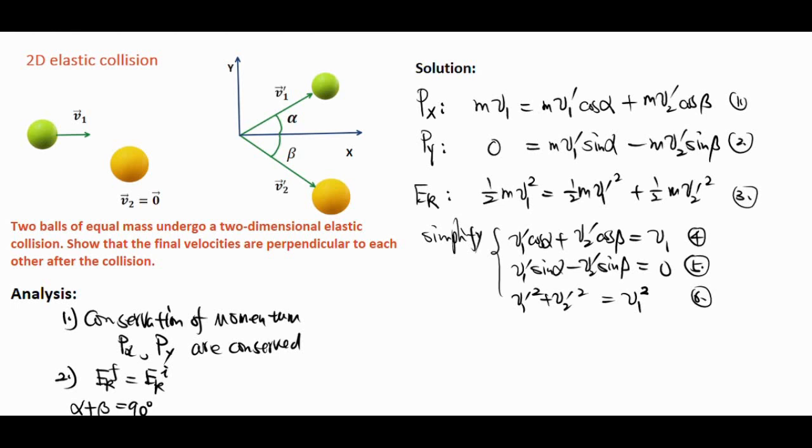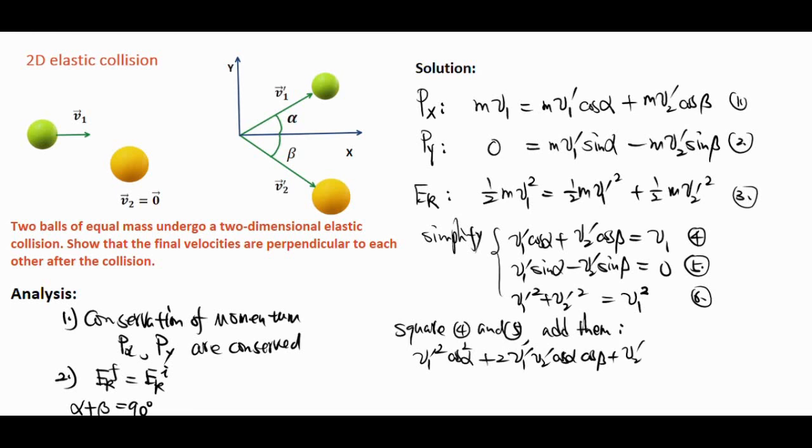Okay, we've got v1 square. We want to square equation 4 and equation 5, and after we add them, the left side will become v1 prime square cosine alpha square plus 2 times v1 prime v2 prime cos alpha cos beta plus v2 prime square cos beta square, plus the square of the other equation.